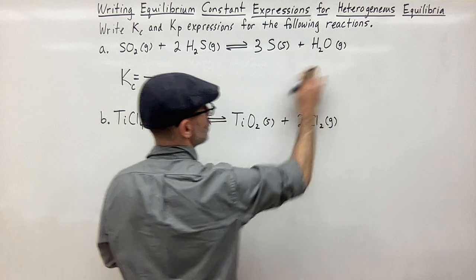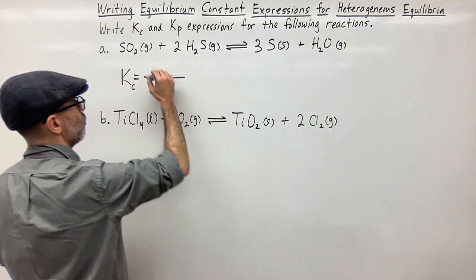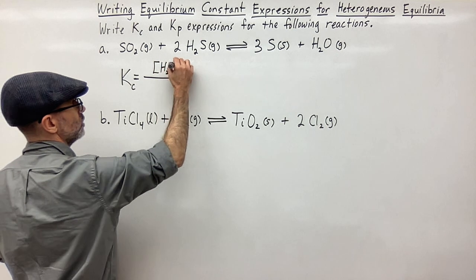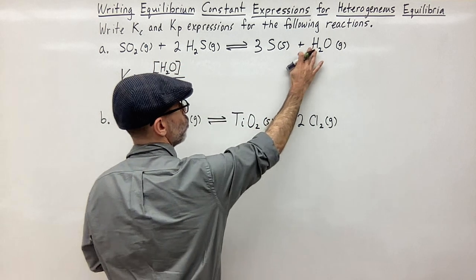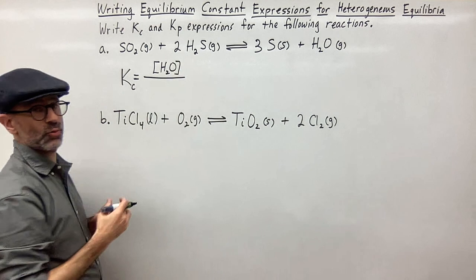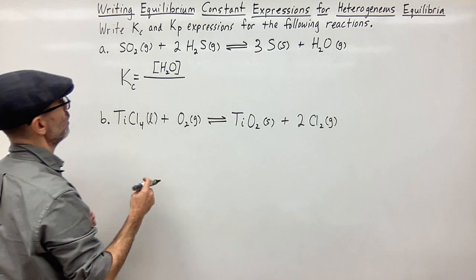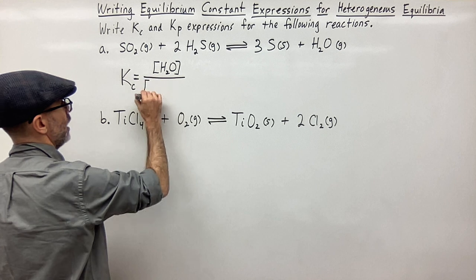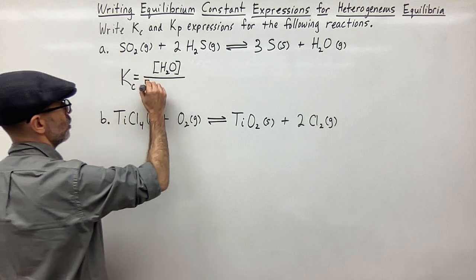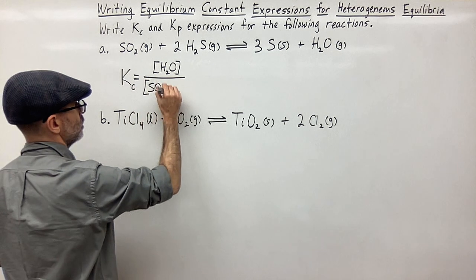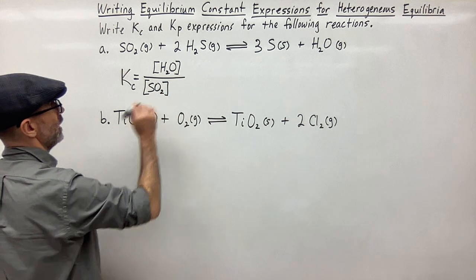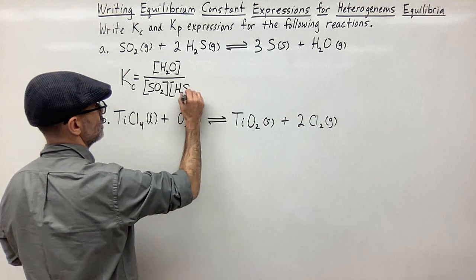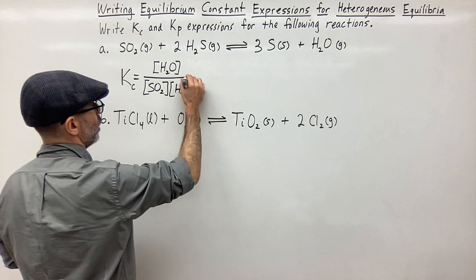And so here we're just going to use the gas. So we have water, gas. This is going to be the concentration of H2O. Its coefficient is 1, so it's raised to the power of 1. We don't write the ones. And then we've got these two gases as our reactants. So we're going to have the concentration of SO2 on the bottom, multiplied by the concentration of H2S, also on the bottom.